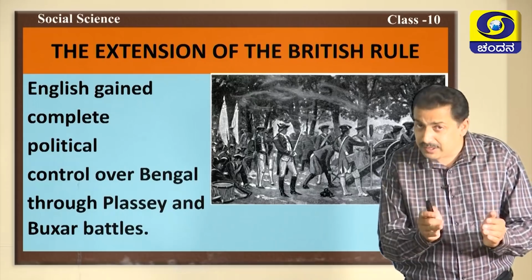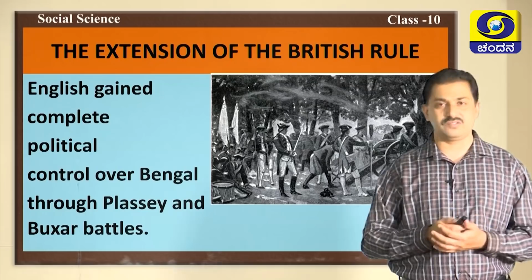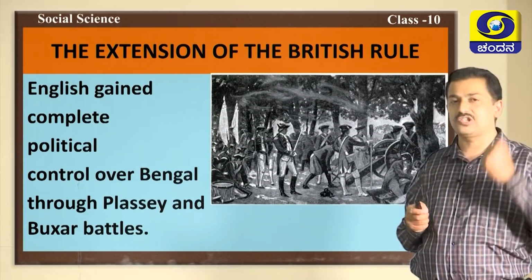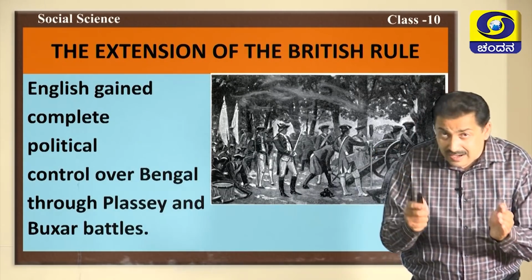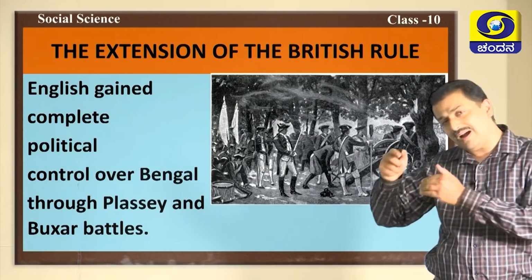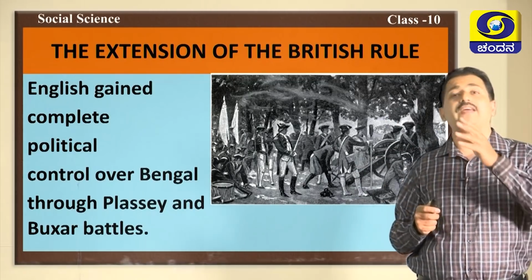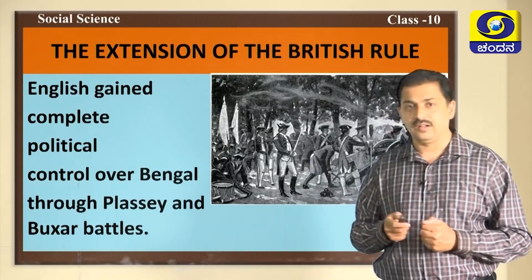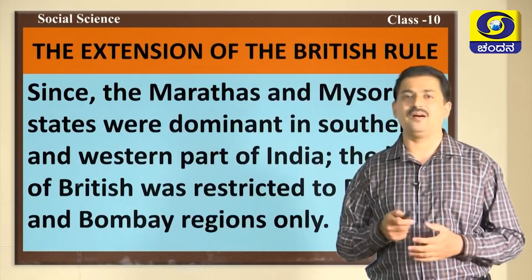Therefore, in the introduction itself, I tried to remind you about those concepts. That is why in the introduction, I asked you a few questions and you were able to answer correctly. Through the battle of Plassey, they defeated Siraj-ud-Dowla, and through the battle of Buxar, they defeated Mir Qasim, as well as they made Mir Zafar and his son puppets in their hands. Therefore, they gained complete control over Bengal.